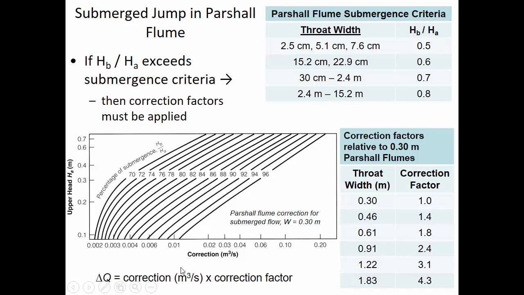And so you find a correction, and then depending on what the throat width is, you may also have to apply a correction factor. And the reason for that is that this figure, for instance, is specifically calibrated for a certain size flume. That one is for a flume that has a throat width of 0.3 meters.